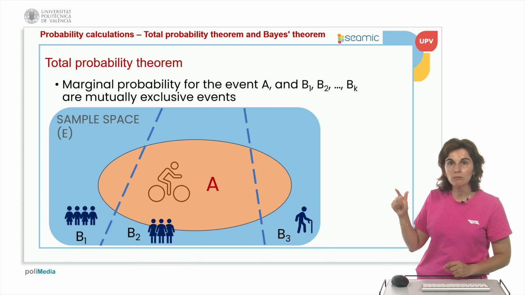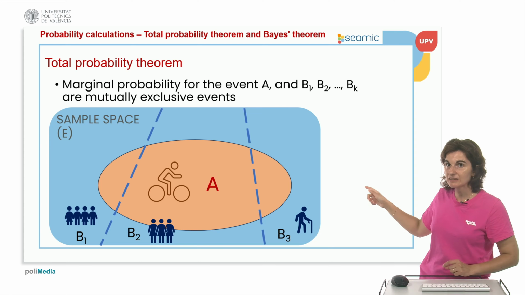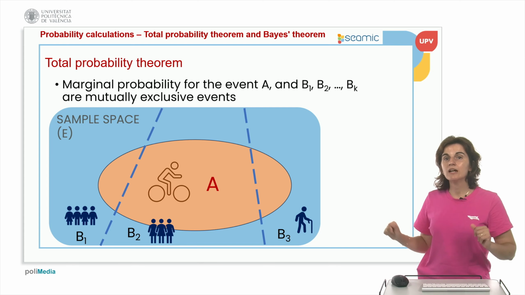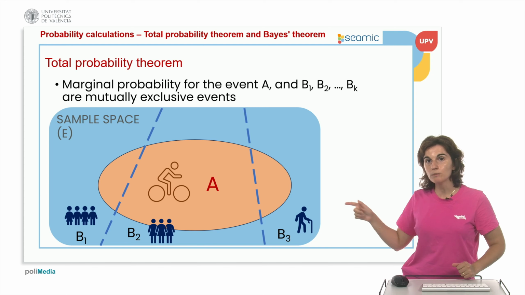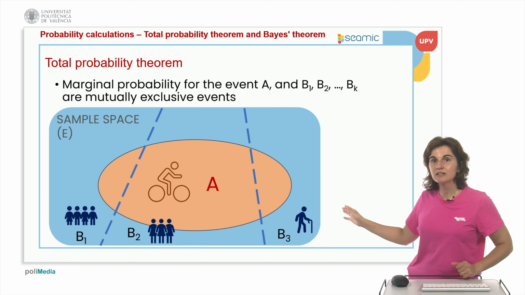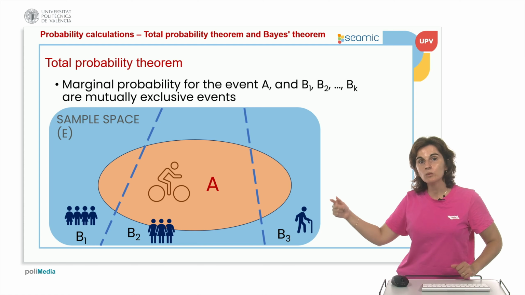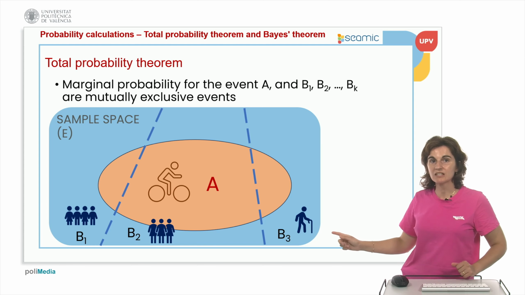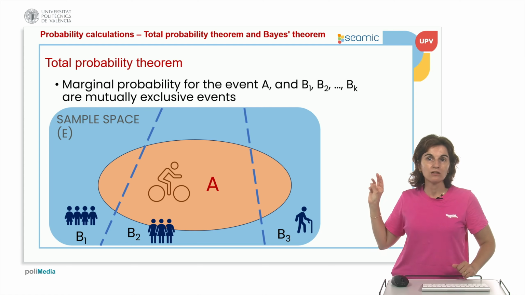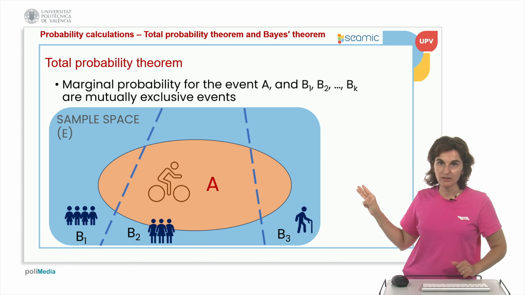So there will be a common event, which is A, and this event is interesting for us for any reason for the research, and we are studying the probability to observe this event among each of the groups that are defined in the partitions B1, B2, B3. In this example, K is 3, because we have just 3 partitions, 3 mutually exclusive events.